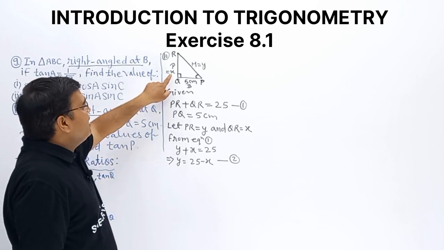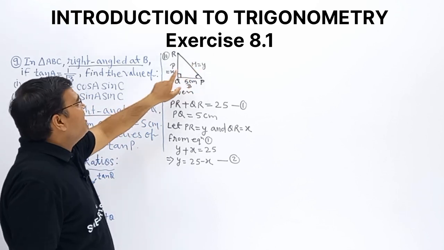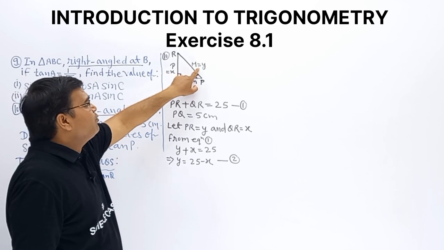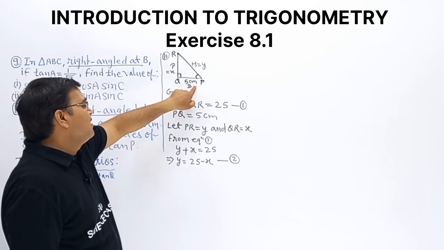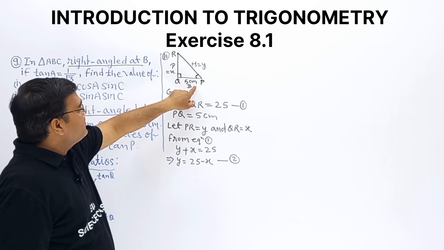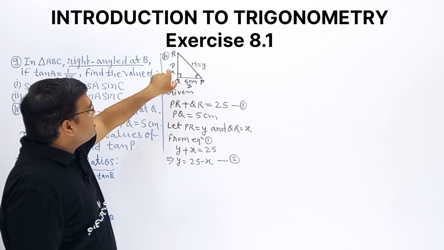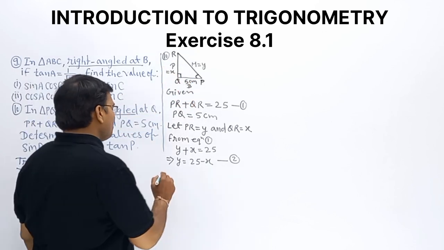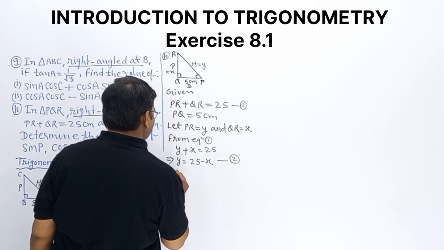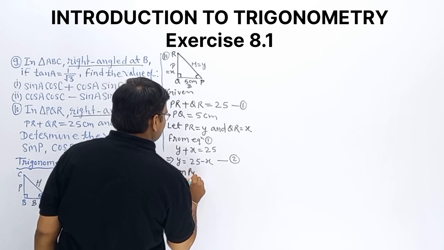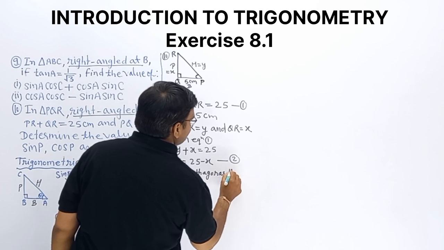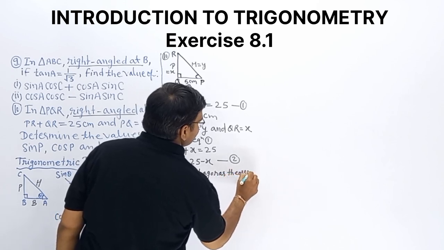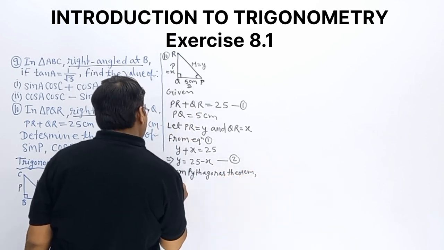It means we don't have both sides, so we are assuming this one is X and this one is Y, and this we are having in the question, 5 centimeter. So now for these sides we will apply Pythagoras theorem. From Pythagoras theorem, what we can say?